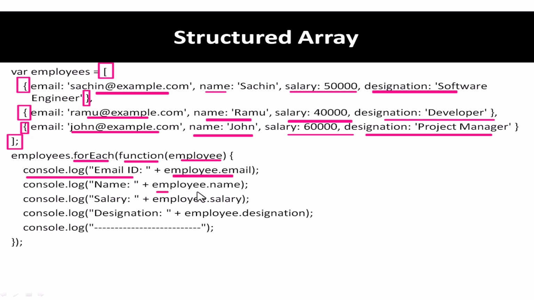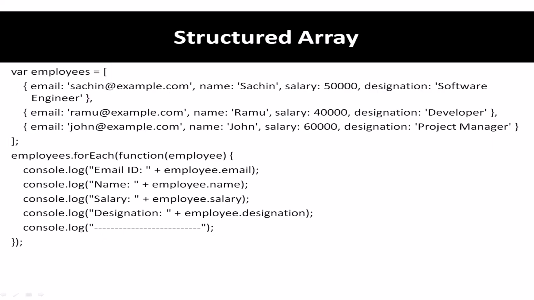Now what we are doing is console.log email id, employee email, employee name, employee salary, employee designation, and we are going to print it in the console log. Because each and every row should be separated by dots, for that purpose we have used console.log.